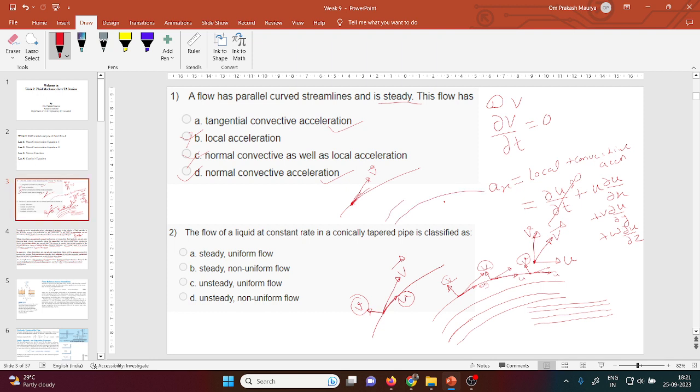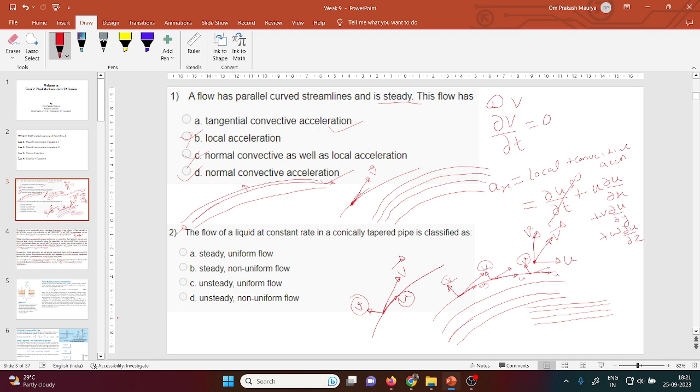If I repeat again, if these are the streamlines, remember one thing: when there is a curved road and a vehicle passes through the curve, you all know what happens, it is pushed in this direction.